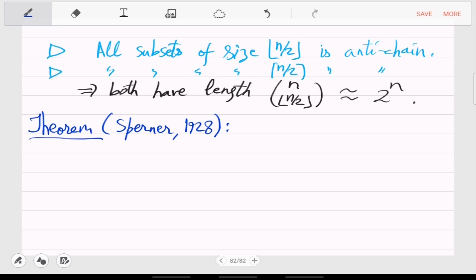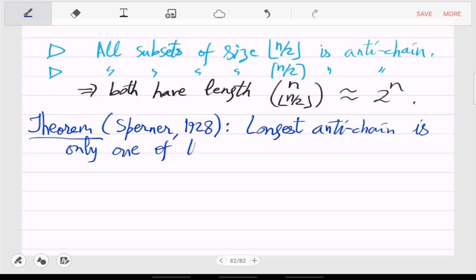How do you think you will show this? So the theorem says that the longest anti-chain is only one of these. In particular, it means that for even n, it's unique.